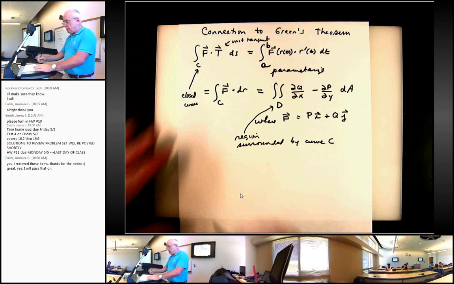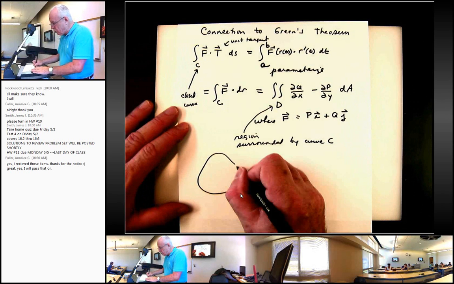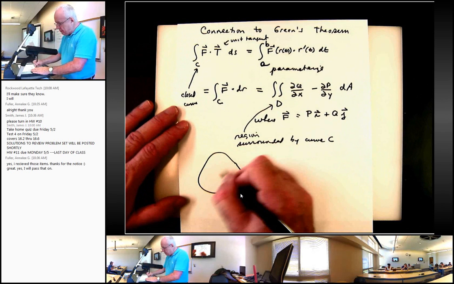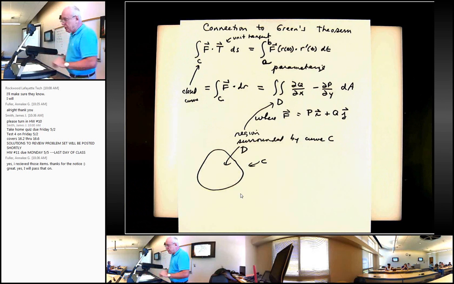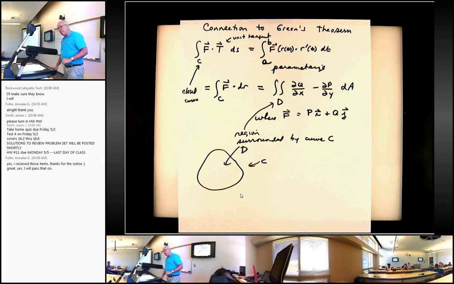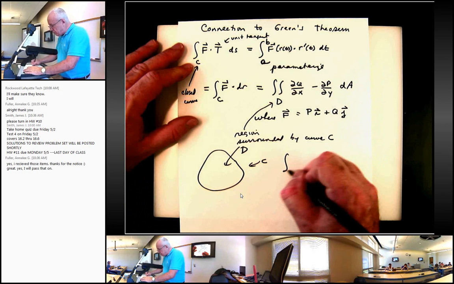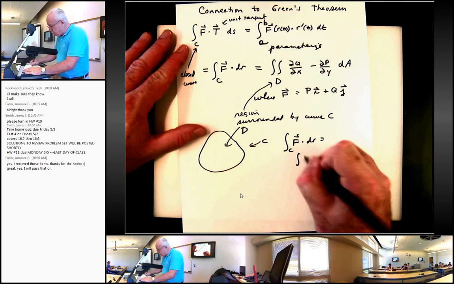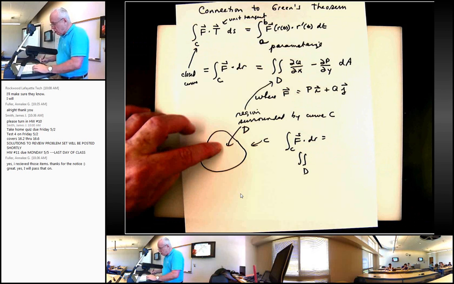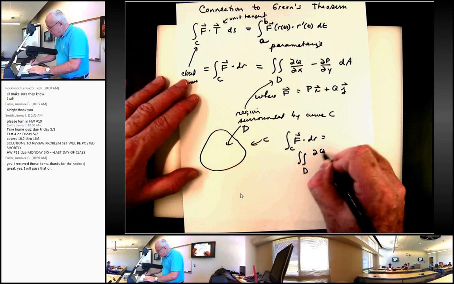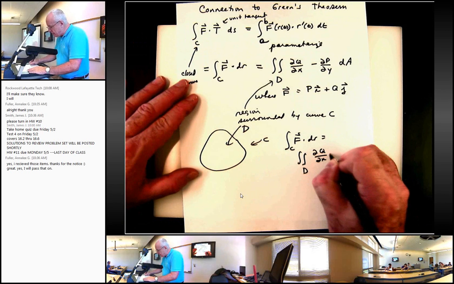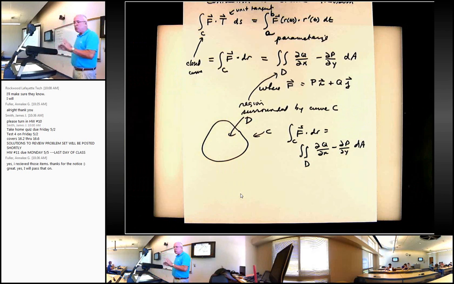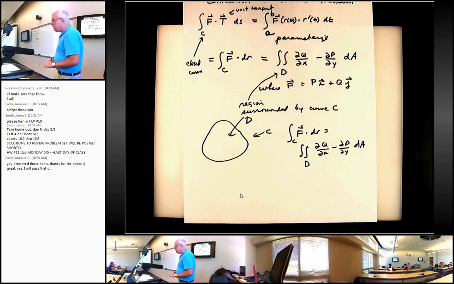It ends where it starts. This is our curve C. D is that region inside of that. So this line integral along C of f dot dr is equal to a double integral over that region of dq dx minus dp dy dA. All right. So that was Green's theorem. That's section 16.4.